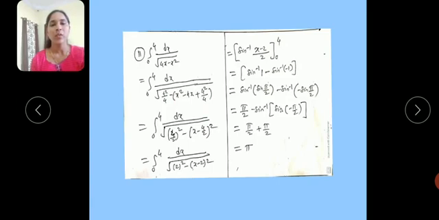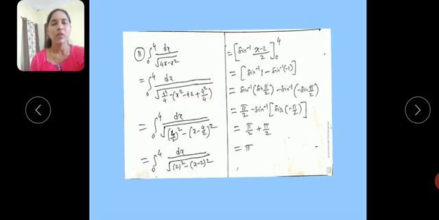0 to 4. Here 4 square is 16, 16 by 4. First, 4 by 2, its square means 2 square, and x square as it is, 4x as it is. Here also 2 square.